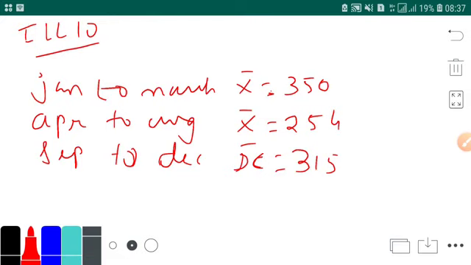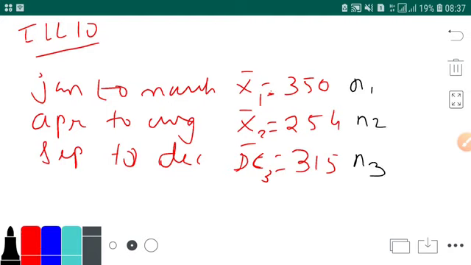I can say this is x bar 1, this is x bar 2, and this is x bar 3. Now what is n here? If there are 3 data, there should be n1, n2, and n3. Now what are n1, n2 and n3 here?